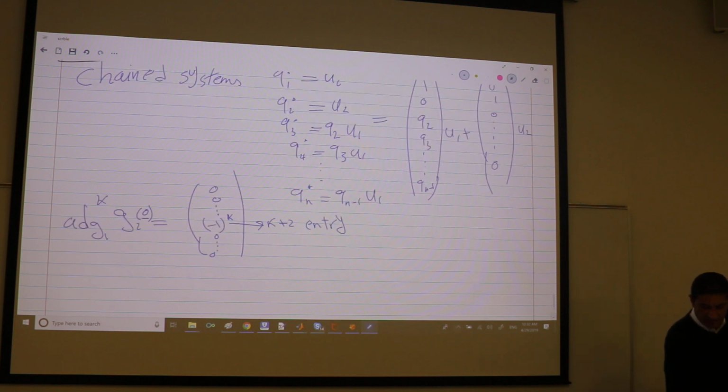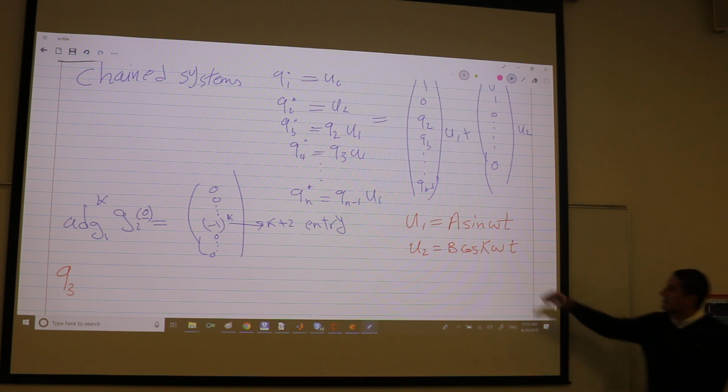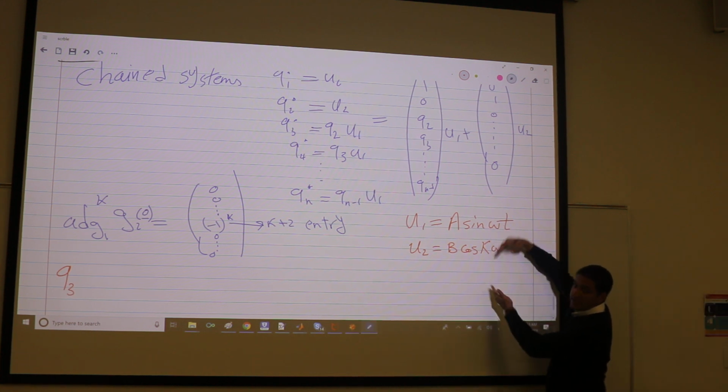Their proposed solution is A sine omega t, and to have this synchronization, it is B cosine k omega t. So the Q3, which comes from a first order Lie bracket, you're going to have addition and subtraction.